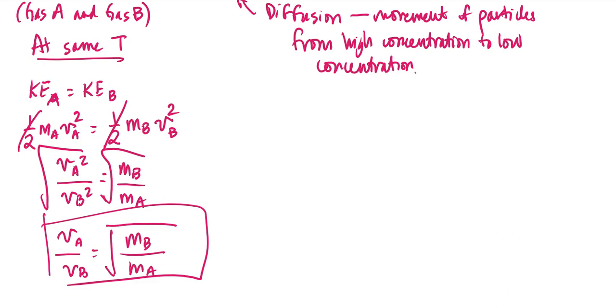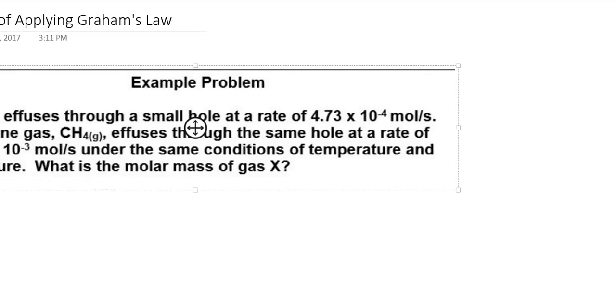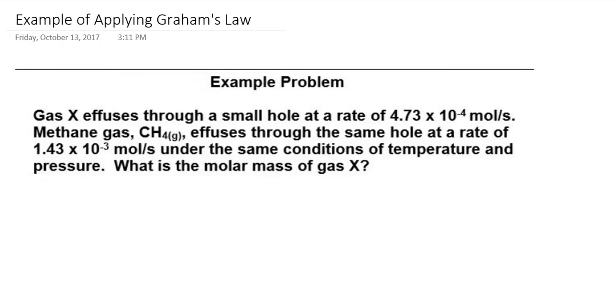Let's put it into practice and see how we deal with those types of problems. Suppose that I have a gas that I don't know exactly what it is, but I can measure its effusion rate. It moves through a small hole at a rate of 4.73 times 10 to the negative 4 moles per second. Methane, which is another component in that same gas mixture, let's say, effuses at a rate of 1.43 times 10 to the negative 3 moles per second.